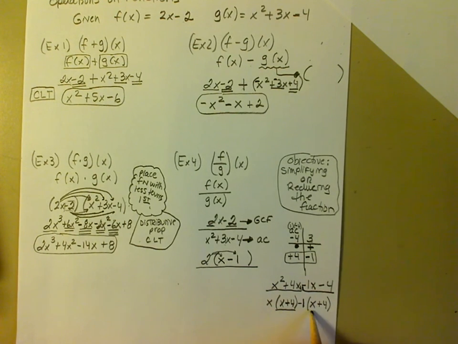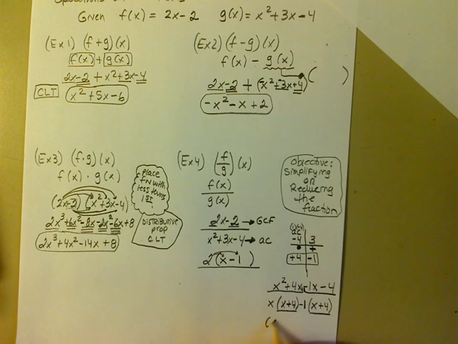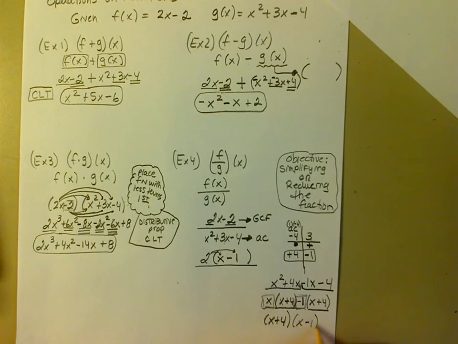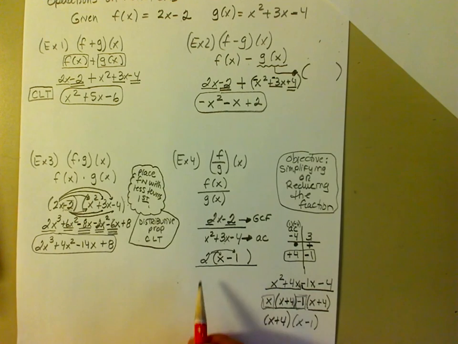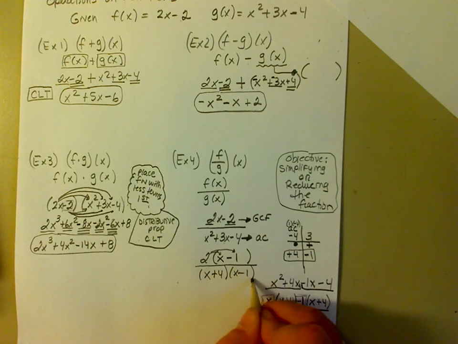Here I have a common factor again. So again, I can take out the common factor, which is a binomial factor of x plus 4. And what's left is x minus 1. So the leftover factor becomes the x minus 1 here that I'm blocking off. So x minus 1. Now let's replace our denominator with the factored form. x plus 4 times x minus 1.